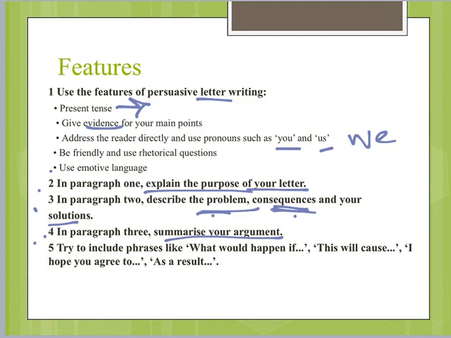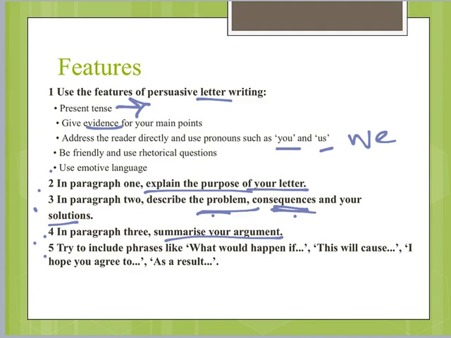Then at the very end, you're going to try to include phrases like: what would happen if, this will cause, I hope you agree to, and as a result. These are phrases that would help you and make you sound professional and convincing too. So what would happen if you ban us from the PE session, but let us take our breaks?